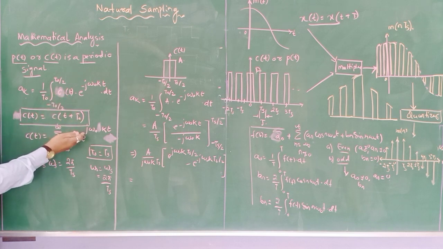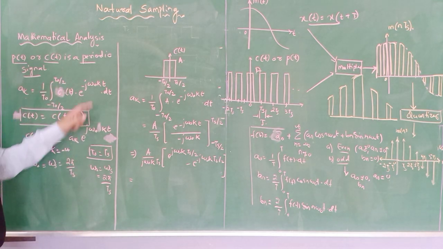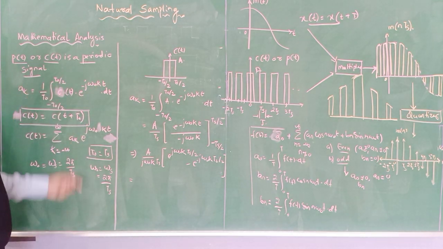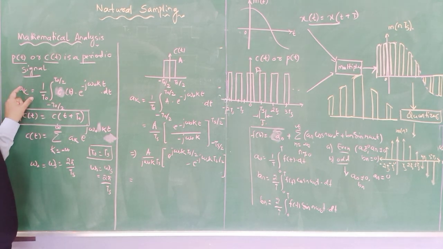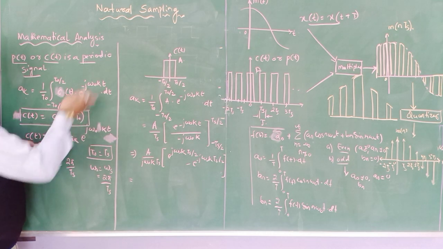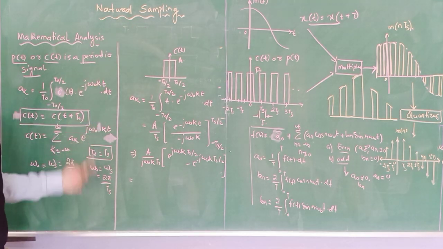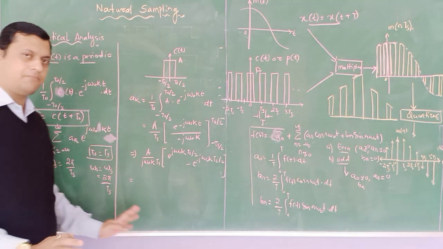This exponential, which is plus on the right hand side, when it comes to the left hand side, becomes e to the power minus j omega naught k t into dt. Now this is the coefficient we need to identify. After determination of this coefficient, substitute here, multiply with m of t, you will get your sample signal. That is the simple analysis.